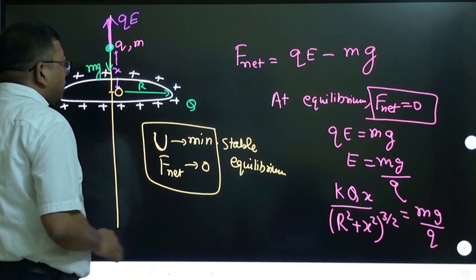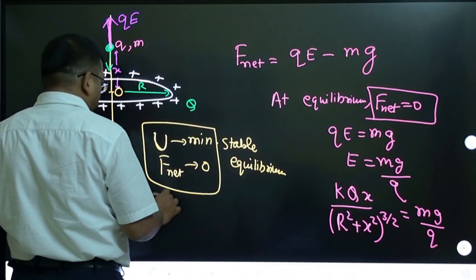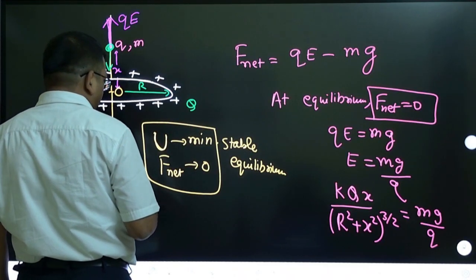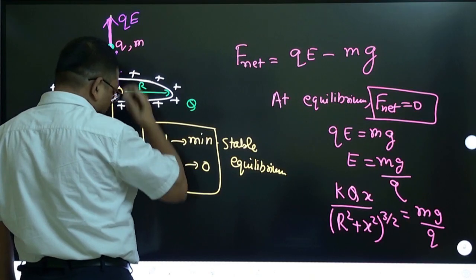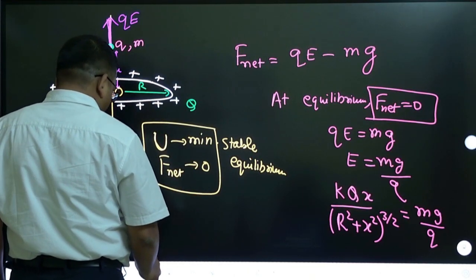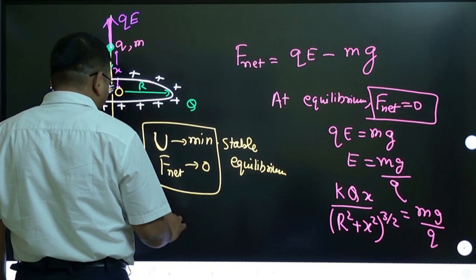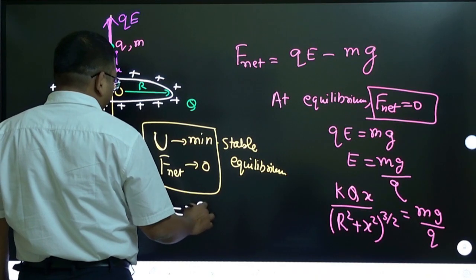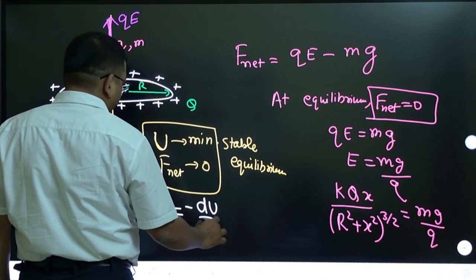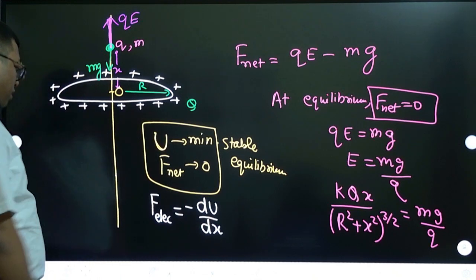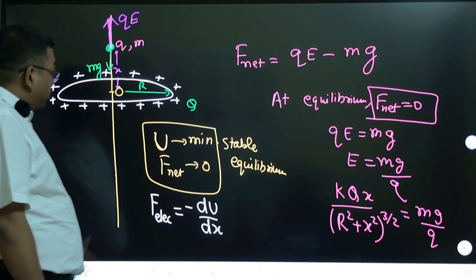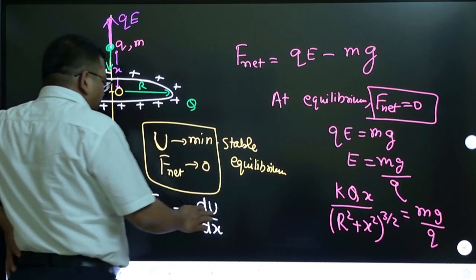And you know what the net force is here. Also note that the electrostatic force can be written as minus dU by dx. At minimum potential energy, this is zero.